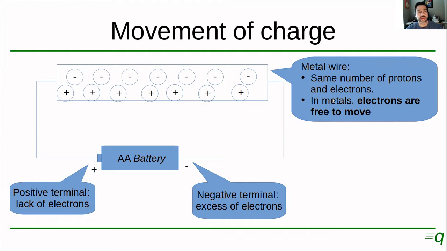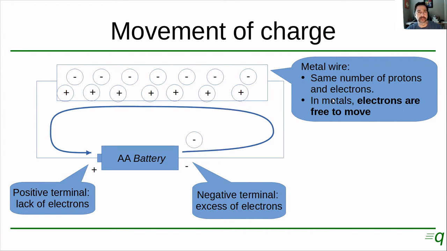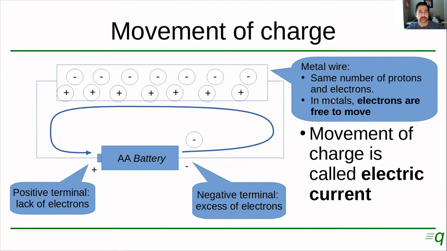So when we do this, we provide a path for the electrons in the negative terminal to travel through the copper. Remember, the electrons are free to move through the copper and then go back to the positive terminal, right? So this movement of charge is what we call electric current.